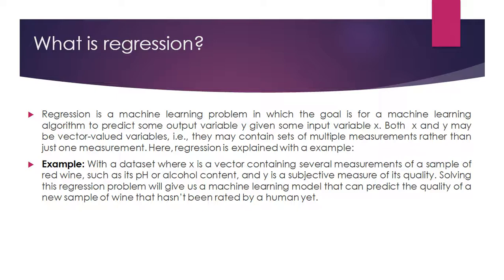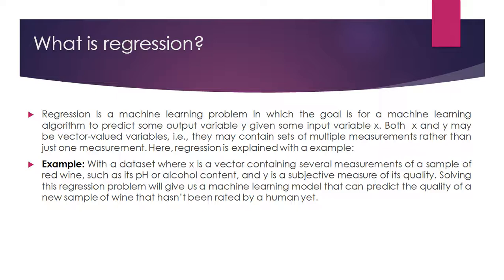For example, they may contain a set of multiple measurements rather than just one. For example, take a company that makes red wine: its pH value and alcohol content are contained as a sample. Such pH or alcohol are the x, and y is a subjective measure of its quality, whether the quality is good or bad or something else.